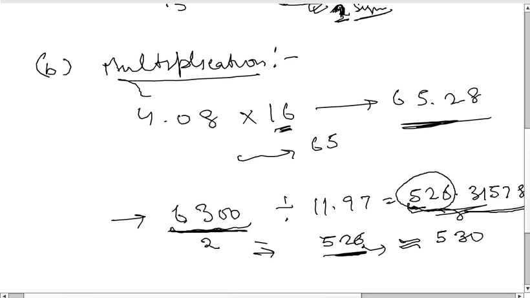Yes, 530. Now, if it is 530, it satisfies both my problems. One is division, it sounds as good as it should be, right? Number two, it has only two significant digits. Is it clear?